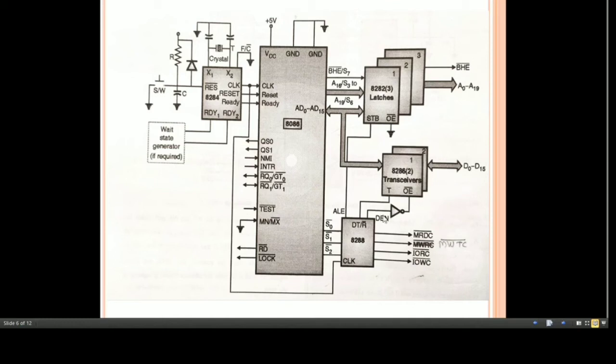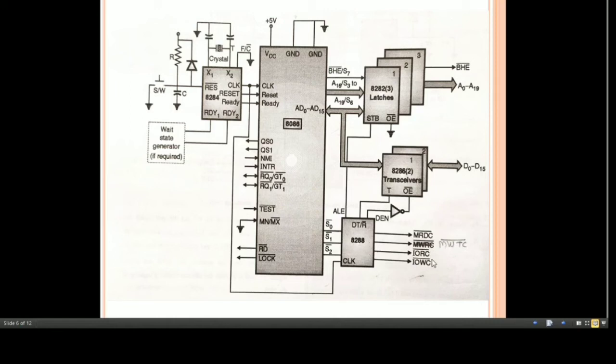8286. Here this 8288, this bus controller, generates the signals like memory read command, that is MRDC bar, MWTC bar, AMWC bar, which is not represented here, but that signal we can observe in our previous session where we have studied the 8288.